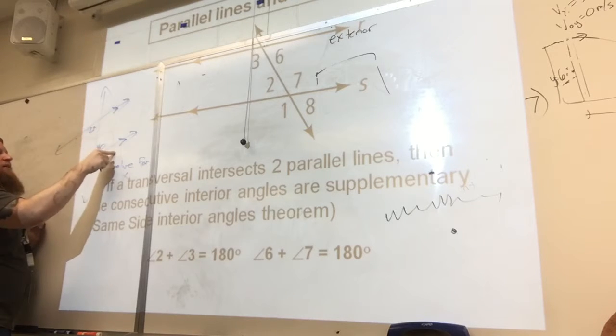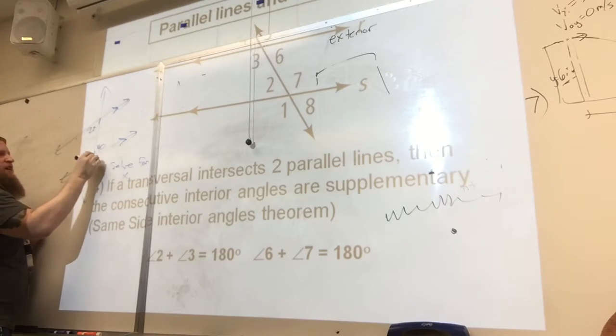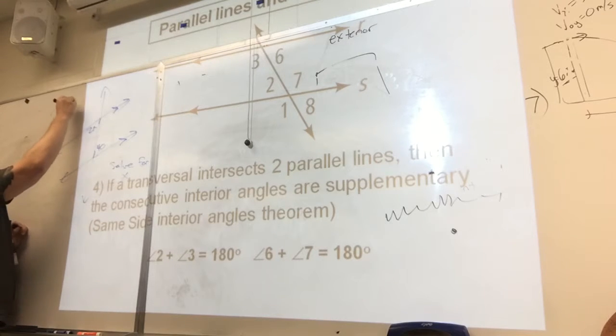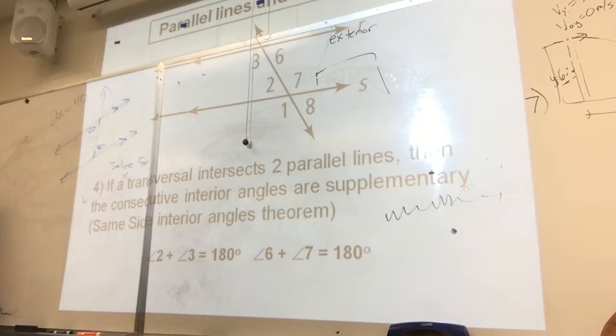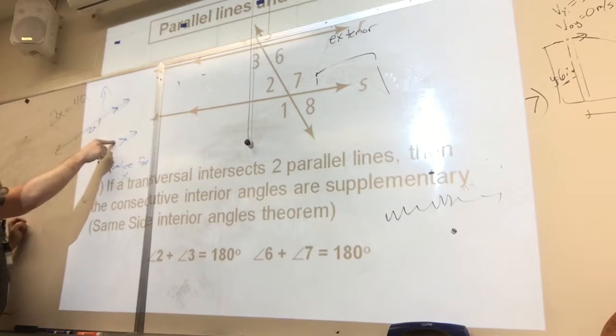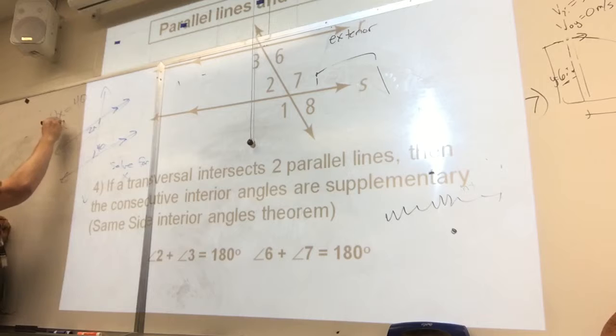If these two lines are parallel, that means that these acute angles have to be equal to each other. So I could solve for x by just going 2x equals 40. And if I had to justify it, I would say that these two are alternate interior angles. Alternate interior angles have to be congruent if those lines are parallel. Therefore, I'm allowed to do that.